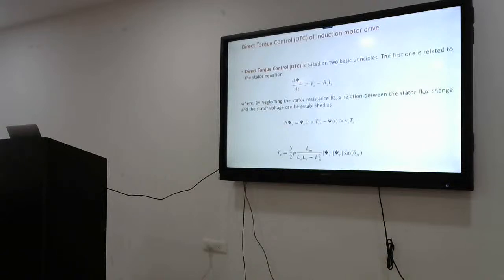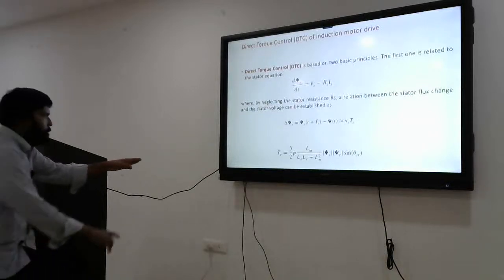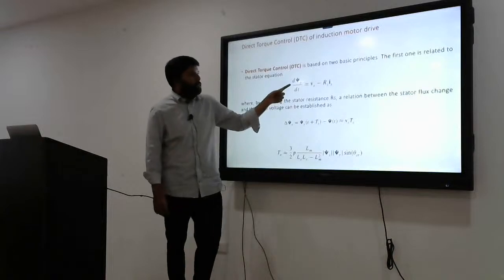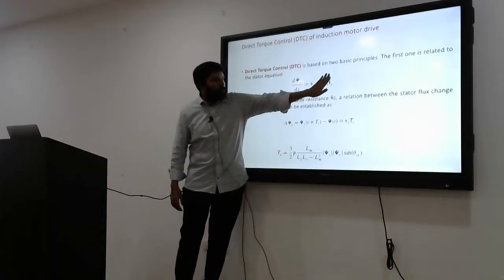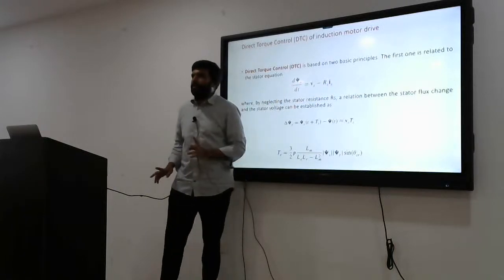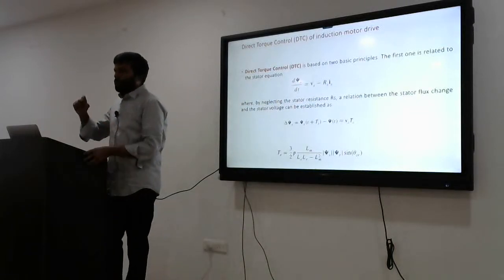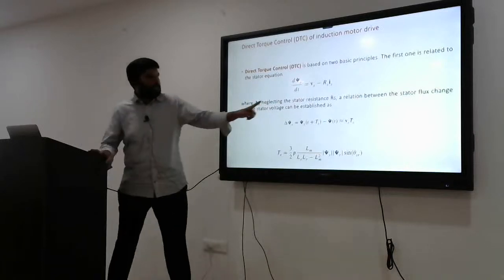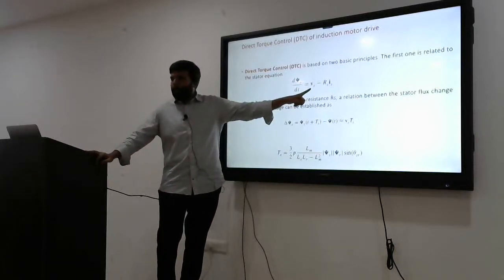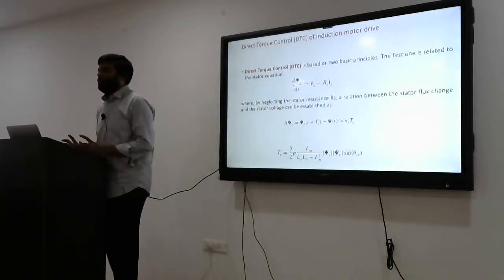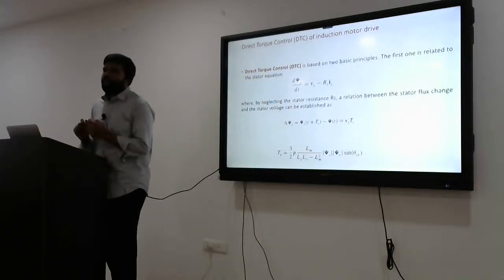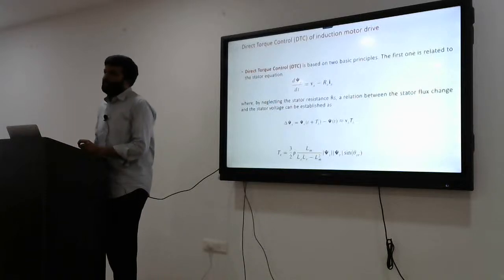This is the standard equation: d psi_s by dt equals applied voltage minus drop. If you neglect this drop, the stator flux we can change by using the voltage Vs. If there is any flux error, we can rectify it by using the voltage vector.